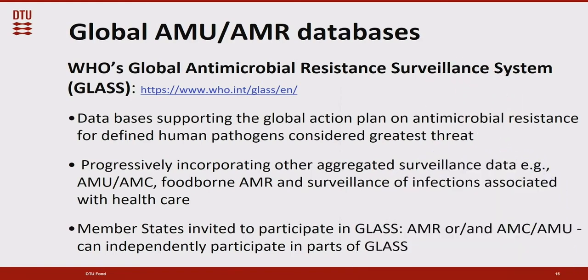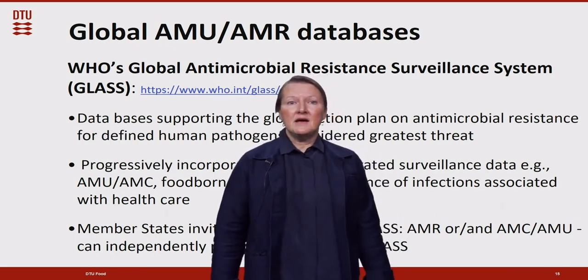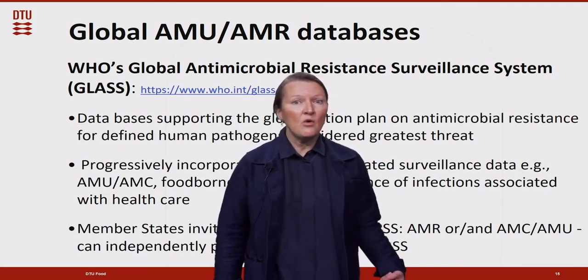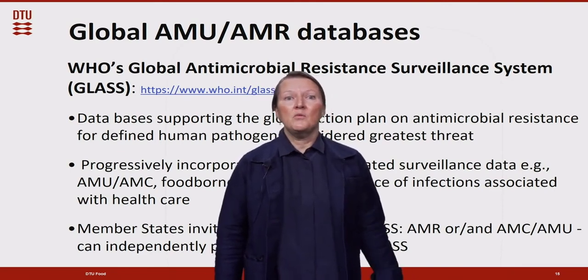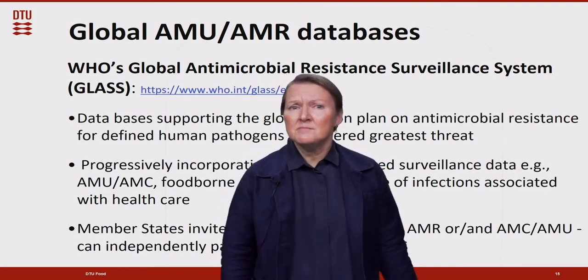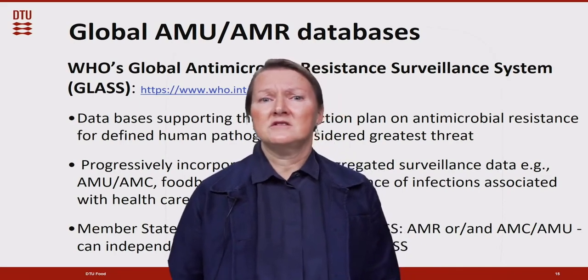But it has also progressively incorporated other aggregated surveillance data, such as AMU, AMC, foodborne AMR, and surveillance of infections associated with healthcare. Member states are invited to participate in GLASS, in all of it, or in parts of it, and one can independently participate in the parts of GLASS.